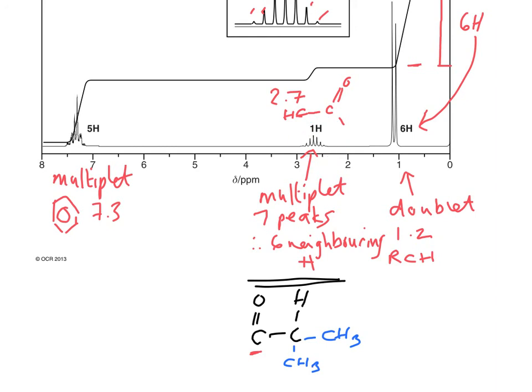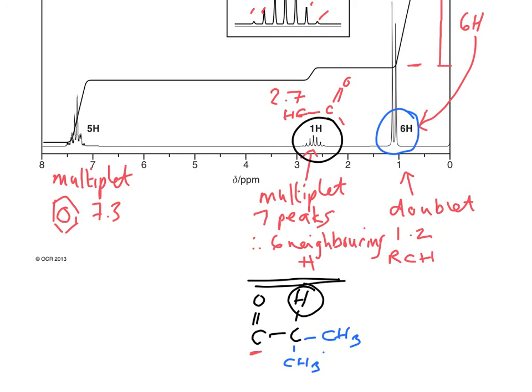Having said that, I'm not going to undo that. The black hydrogen, we've got 1 hydrogen that matches here. Now the blue ones, the ones I've drawn in blue, they've got 1 neighbouring hydrogen, and there's 6 of them, so the peak that I've circled in blue refers to that.